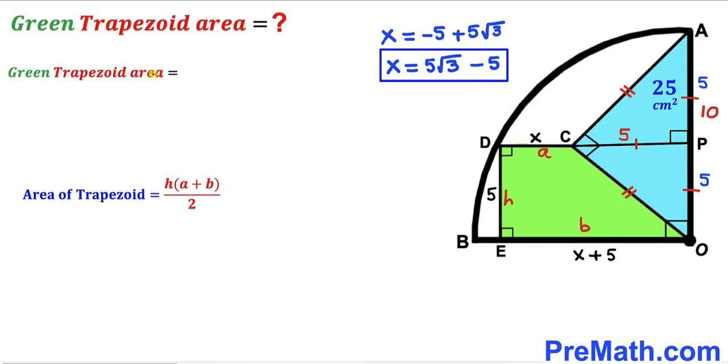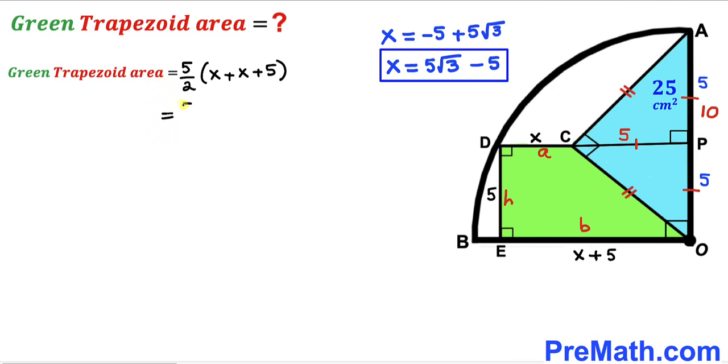So therefore the green trapezoid area is going to be 5 divided by 2 times x plus x plus 5. And now if we combine the like terms, that's going to give us 5 divided by 2 times 2x plus 5.